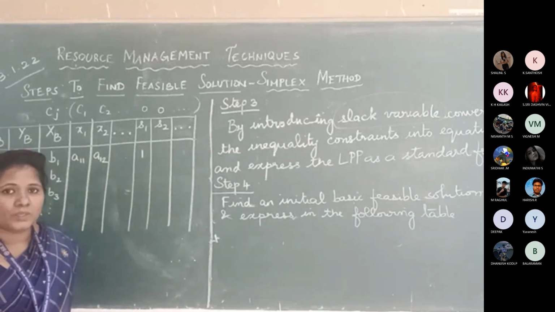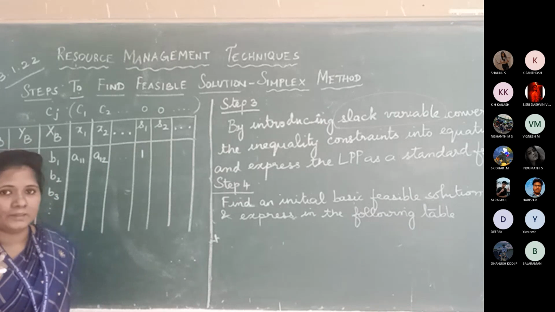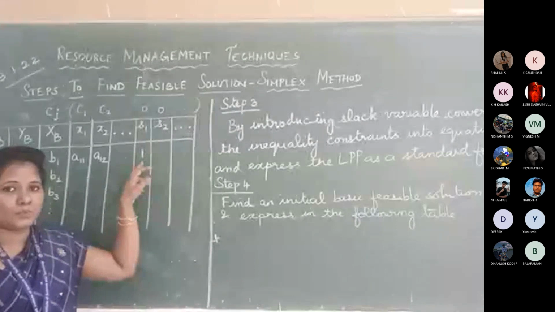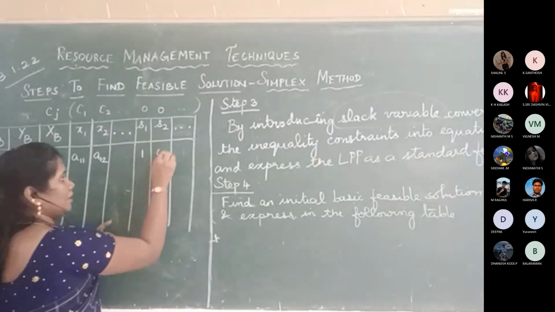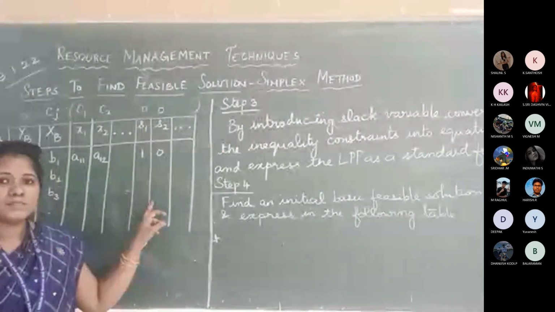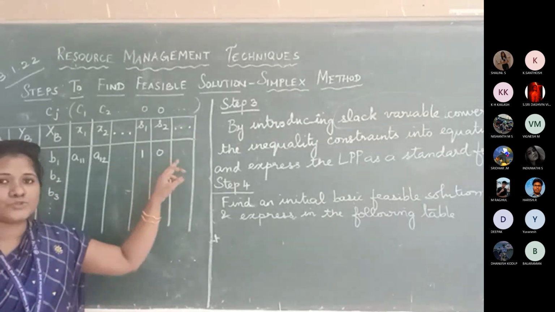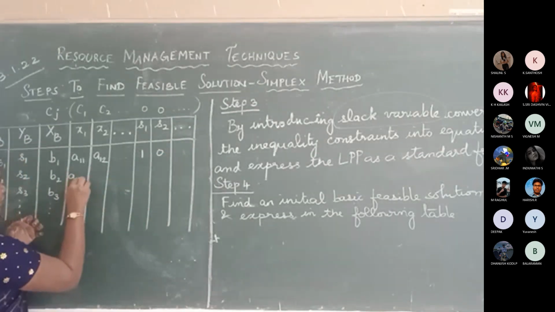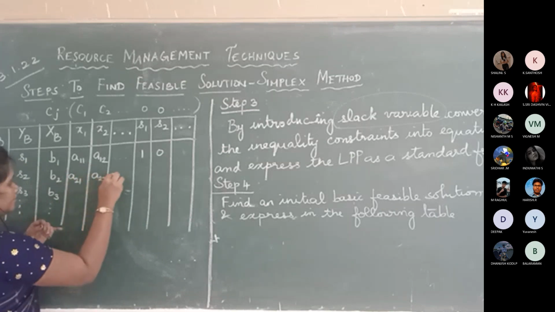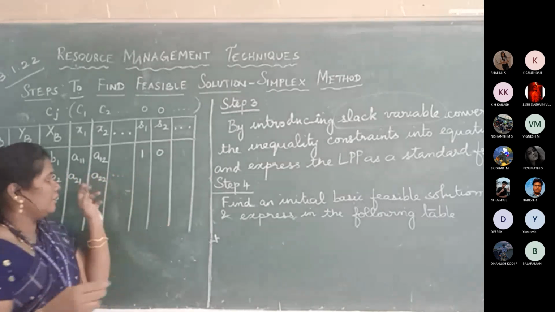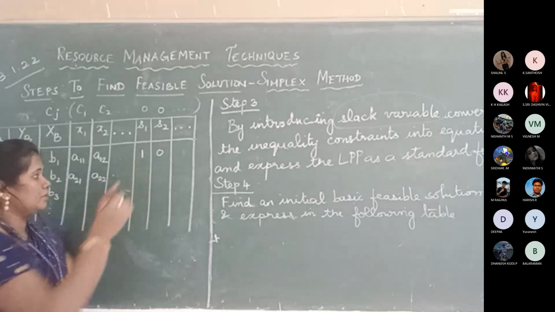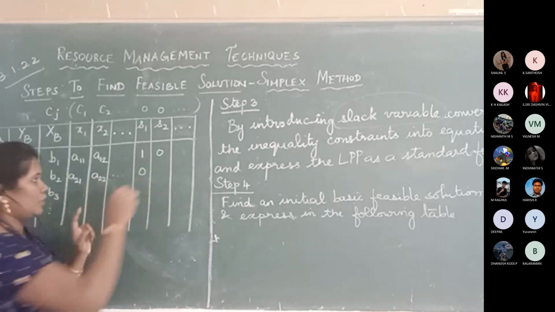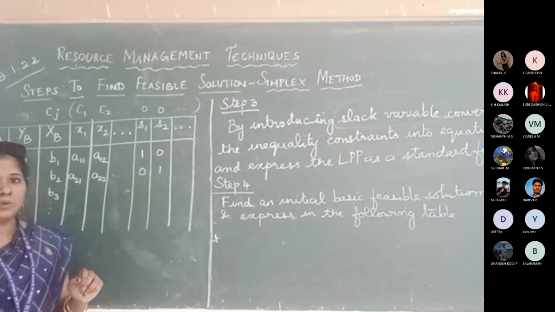For the first equation, your slack variable you will add. So for the first equation, you will take plus S1, whereas your S2 will become 0. Similarly, if there is S3, that will also become 0. And here again it will be A21, A22, and so on. Here it is the second equation, so your S1 will become 0 and S2 will be 1.